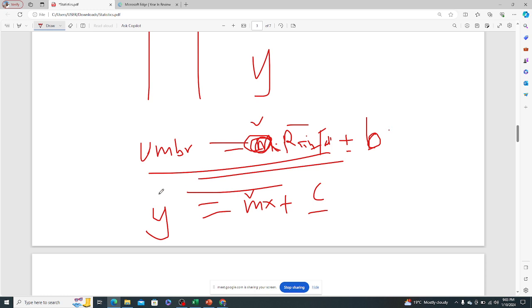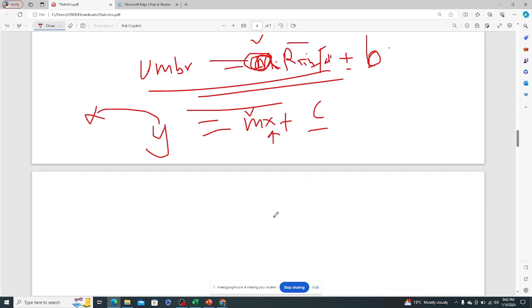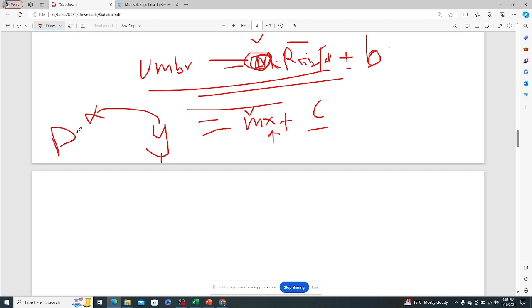In this case, y is the outcome, x is the input, in simple language. So we are trying to predict the outcome, and the outcome will be our dependent variable in comparison to our input. Our input will be our independent variable.